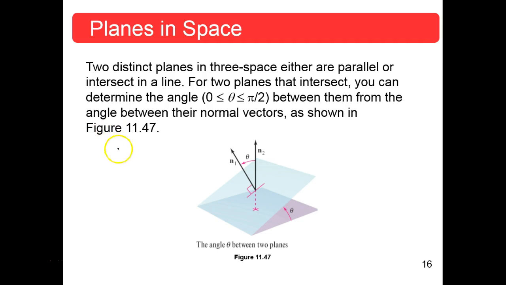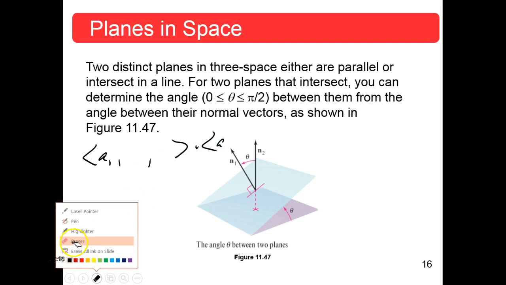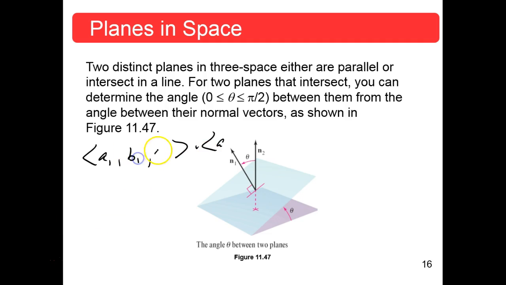Remember, one definition for dot product: if you have A1, B1, C1 dotted with another one, A2, B2, C2, then this is A1 A2 plus B1 B2 plus C1 C2.